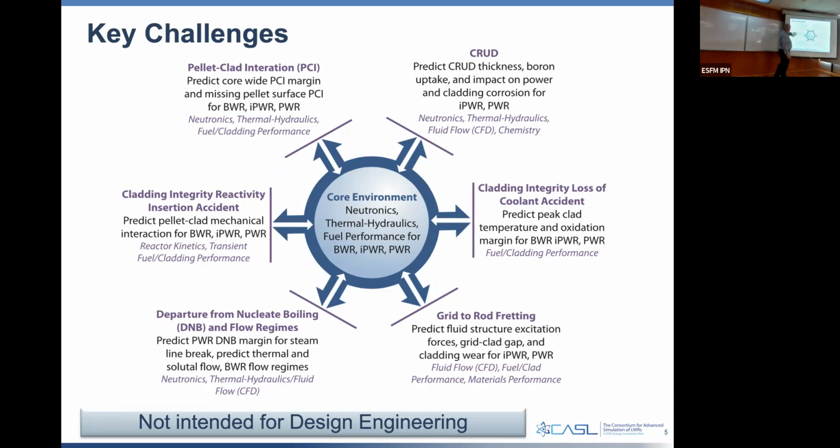So, cladding integrity during a reactivity insertion accident. In an accident scenario, there are a variety of accidents that could lead to a reactivity insertion. One of the most common ones is a control rod ejection. In every US safety analysis, you have to identify what would be the impact if you were operating and had a control rod that was partially in.